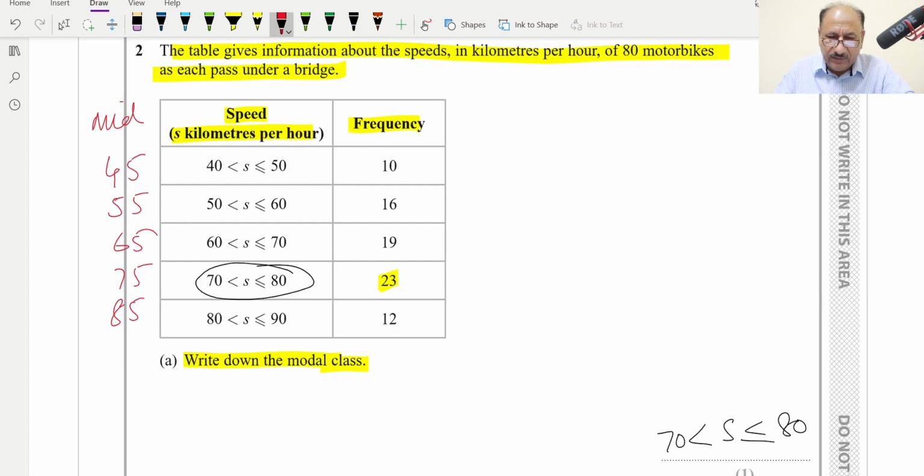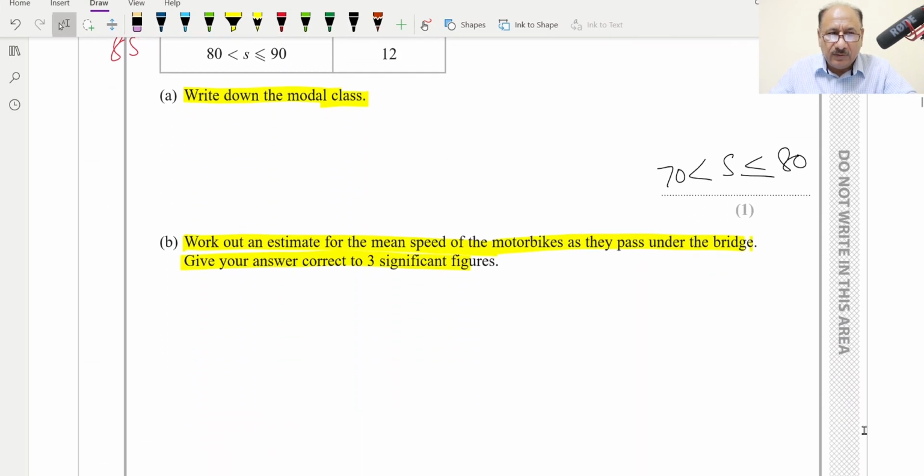Now we will multiply this mid range with frequency. This is the x value and this is the f value. The formula is x bar equals sigma fx over sigma f.